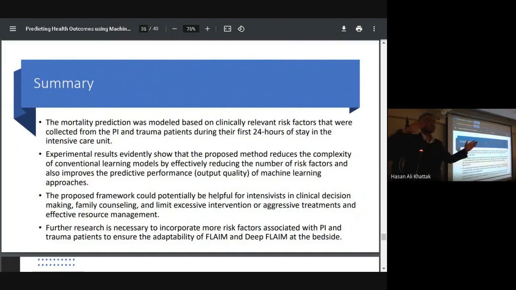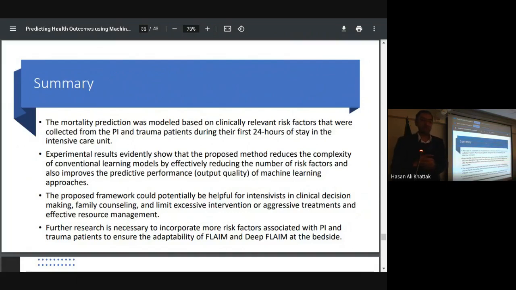For example, if the patient is going to die or has severe injuries, a doctor can communicate better or earlier with the family, and limit excessive intervention and aggressive treatment, like overuse of MRI, or other consequences. We are all still working on that.